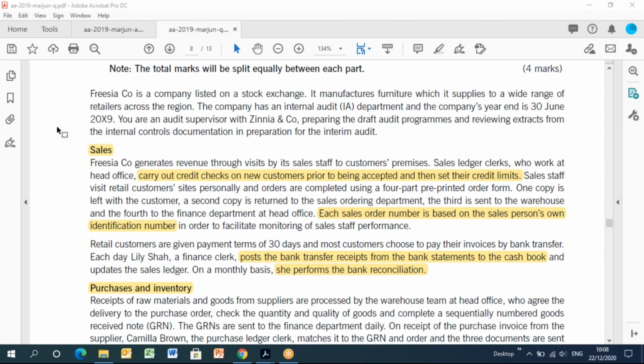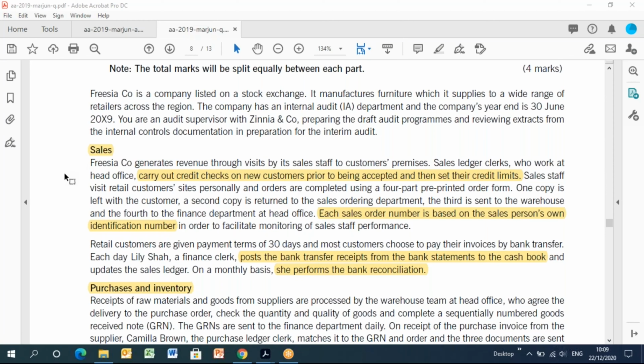So if we read this paragraph in here, it says that the company generates revenue through visits by its sales staff to customer premises. So the sales staff are going to the customer and taking orders. Sales ledger clerks who work at head office carried out credit checks on the new customers prior to being accepted and then set their credit limits.